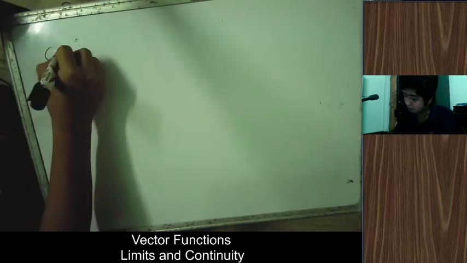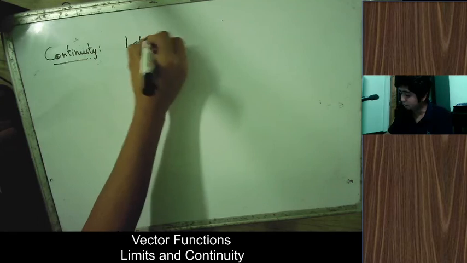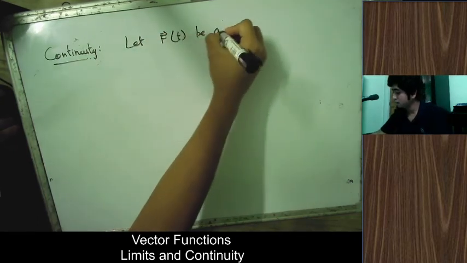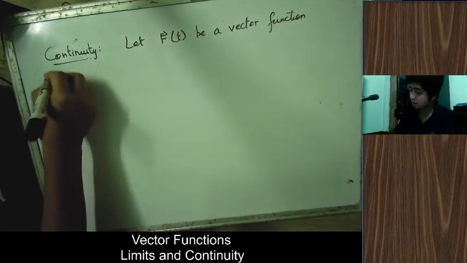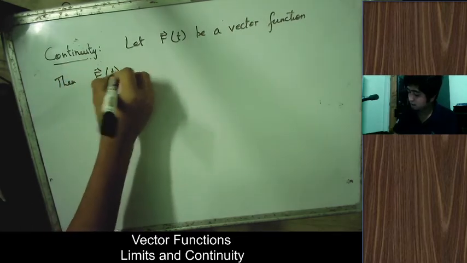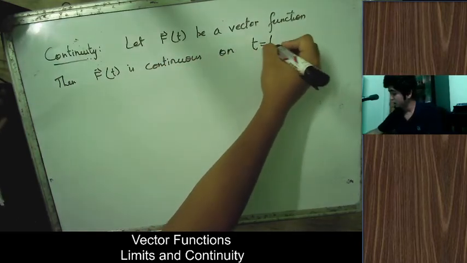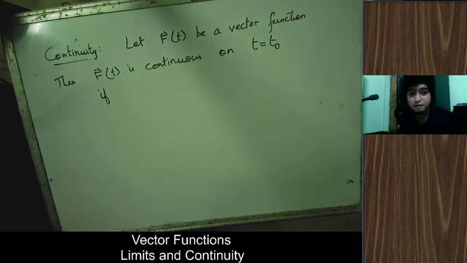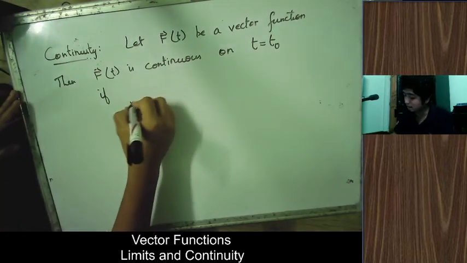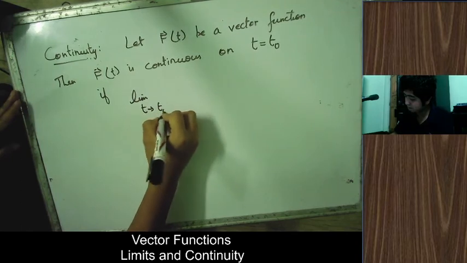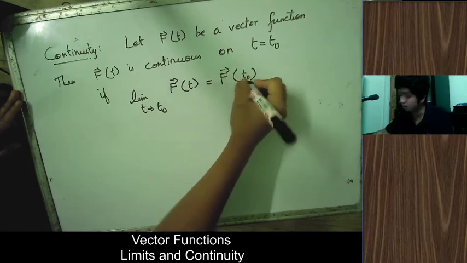So let us see about continuity. Let f(t) be a vector function of a single variable t, then f(t) is continuous at t equal to t naught if, so last time we were writing limit of f(t) equal to A, but over here if we want it to be continuous, then limit t tends to t naught of f(t) should be equal to f(t naught).